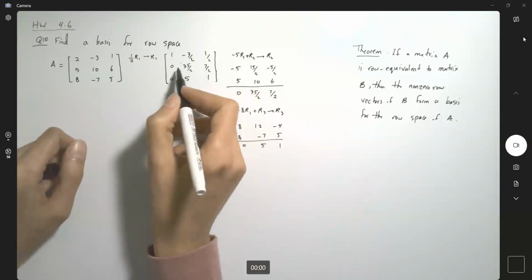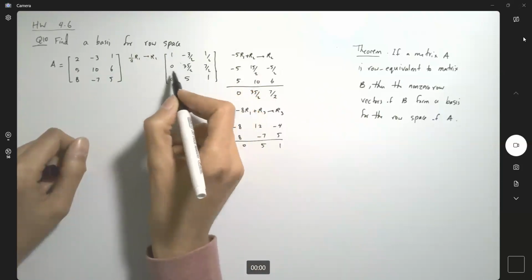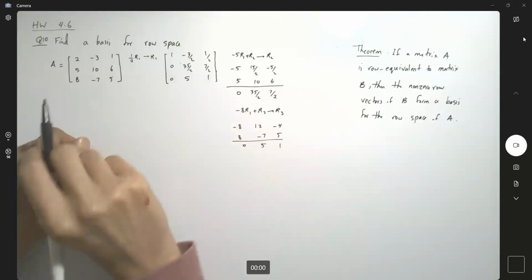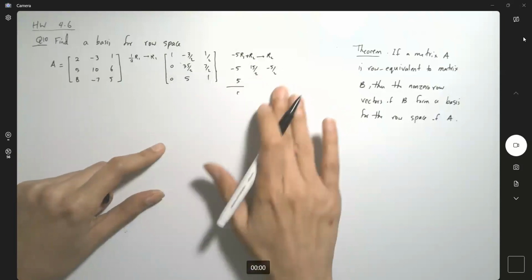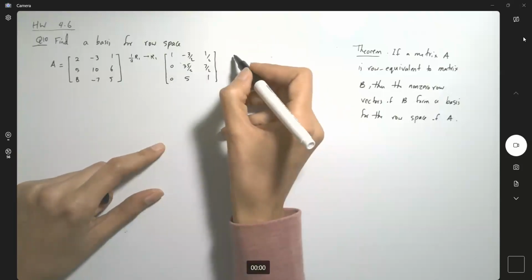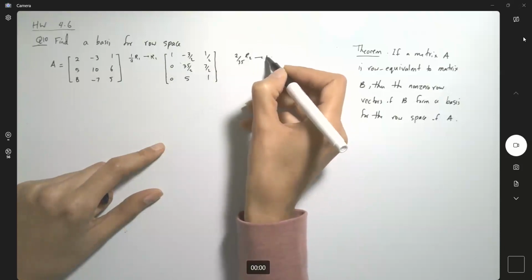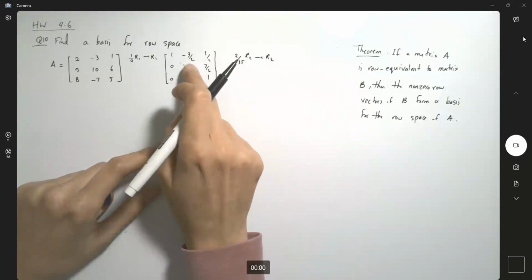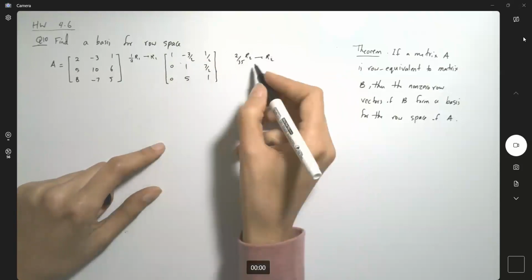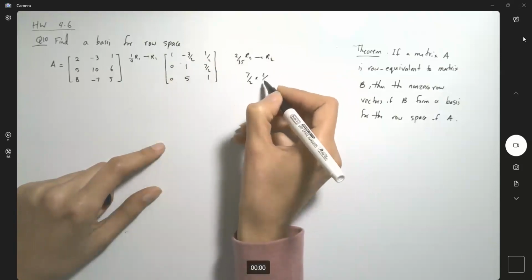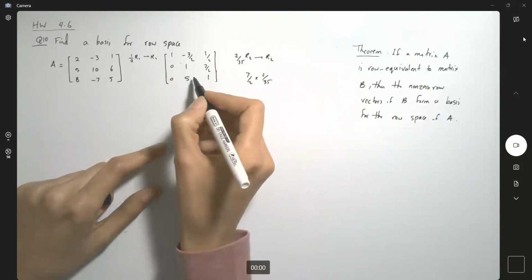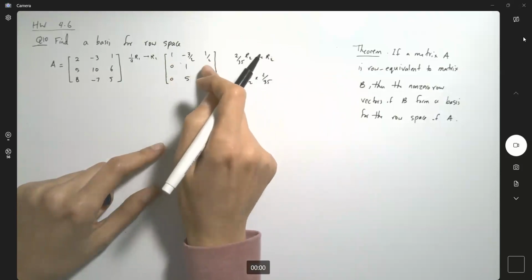So we're good here. Now multiply the second row by 2 over 35. So 2 over 35 times R2 becomes your new R2. This is just 1, and 7 over 2 times 2 over 35 is 7 over 35.